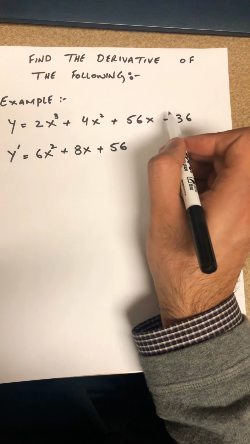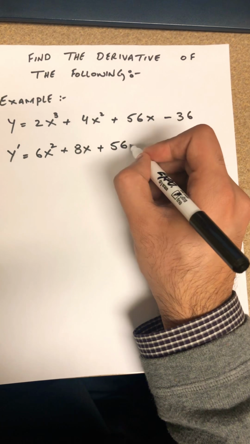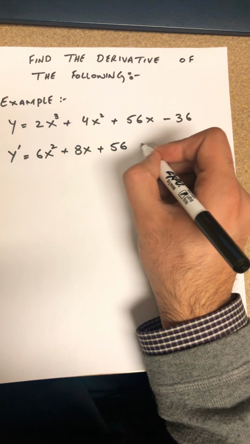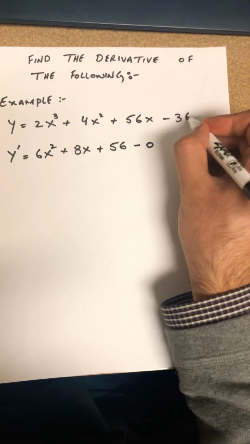X to the 1 minus 1 will be 0, so we'll be left with 56 minus 0, the derivative of that.